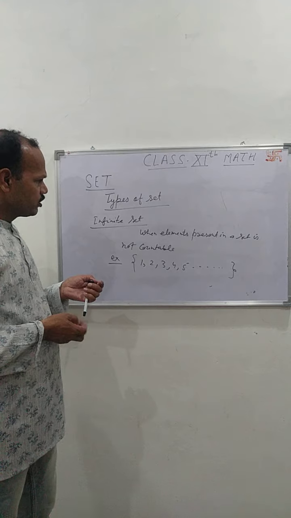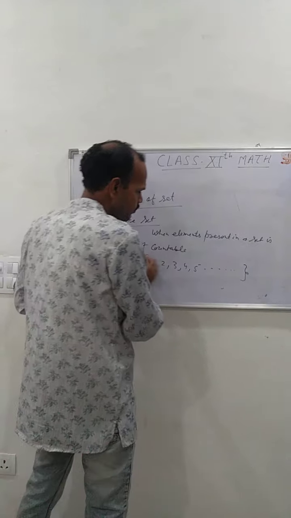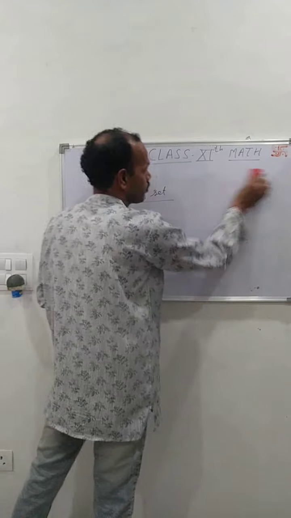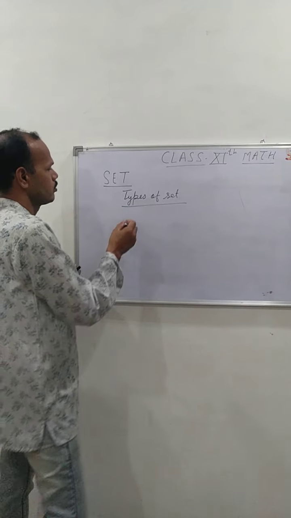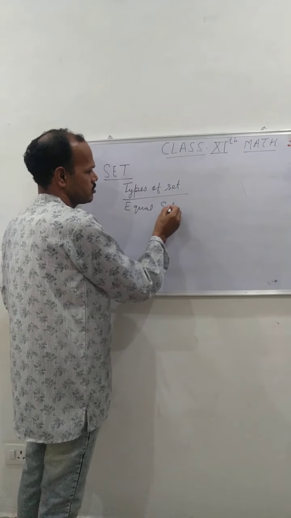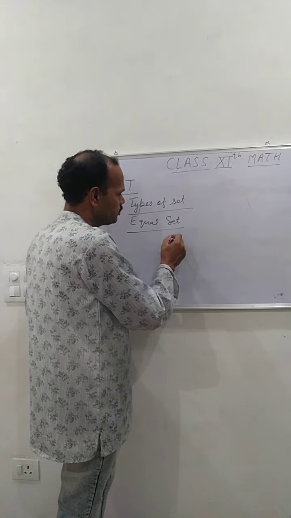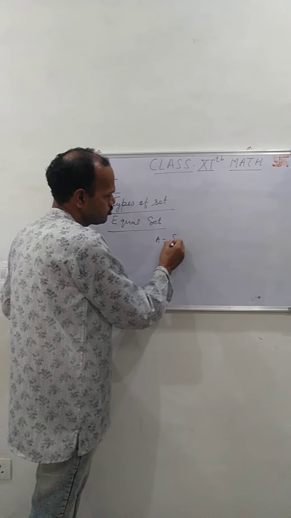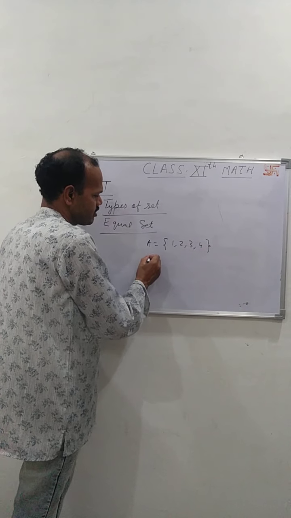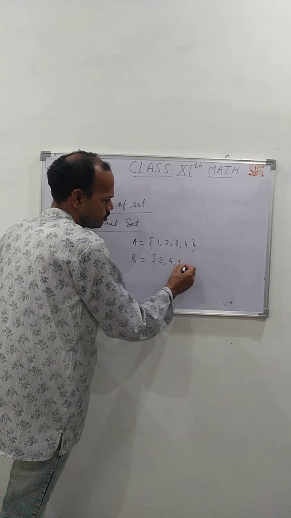Now we come to the next point, equal sets. What is the meaning of equal sets? To define equal sets, we will consider two sets A and B in such a way that set A is equal to {1, 2, 3, 4} and set B is equal to {2, 4, 1, 3}.